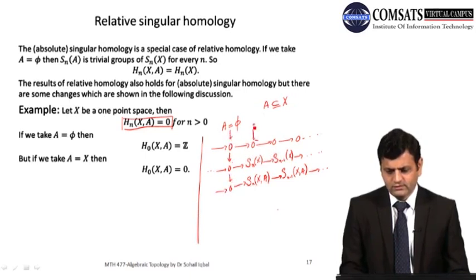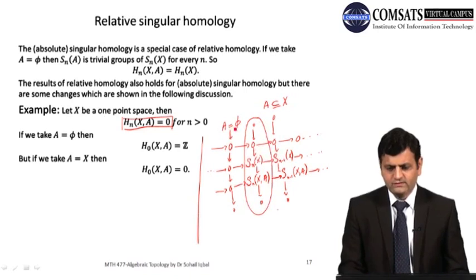So this forms a short exact sequence. If we look at the columns, then there will be zeros at the top and bottom. So in other words, this is a short exact sequence. Since A is empty, this chain complex will be zeros all the way, and so S_n(X) is isomorphic to S_n(X, A).